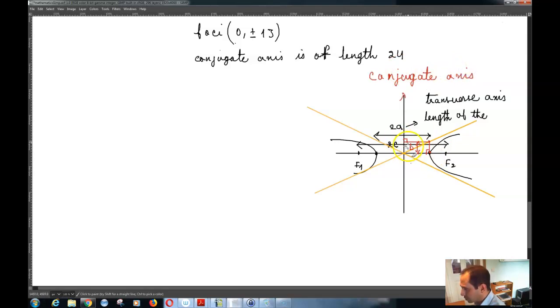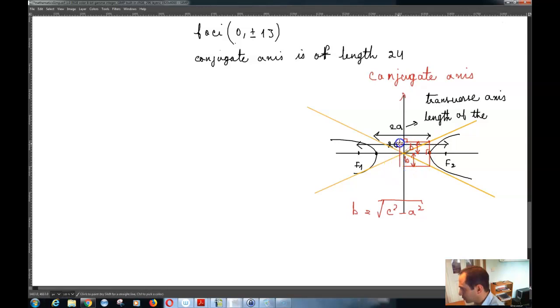Now, you know that the relationship between b, c and a is b is equal to the square root of c squared minus a squared. That is how you can find out what the length of this line segment is. Now, as a definition, you can do the same thing over here, and this distance would also be b.